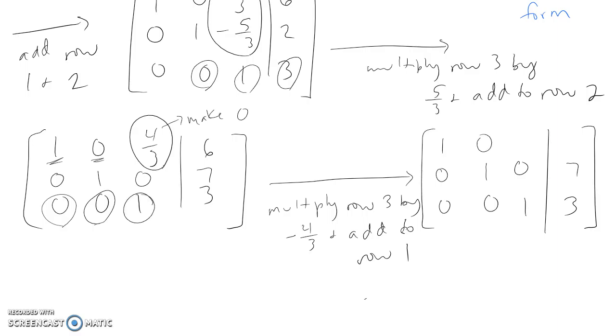If I take this 1 and multiply it by negative 4/3 and add it to 4/3, I get 0. Now I can take 6 and multiply it by negative 4/3.